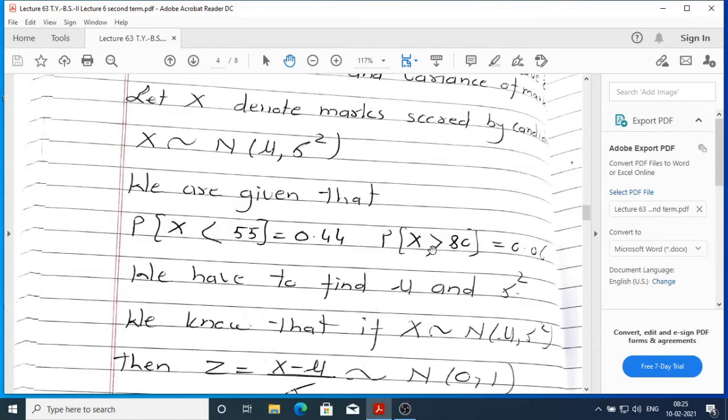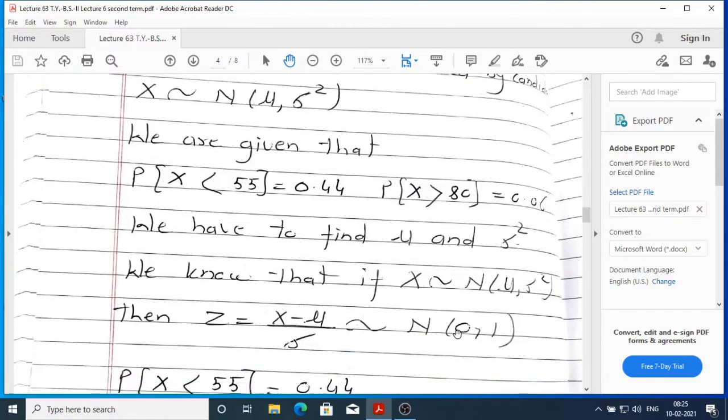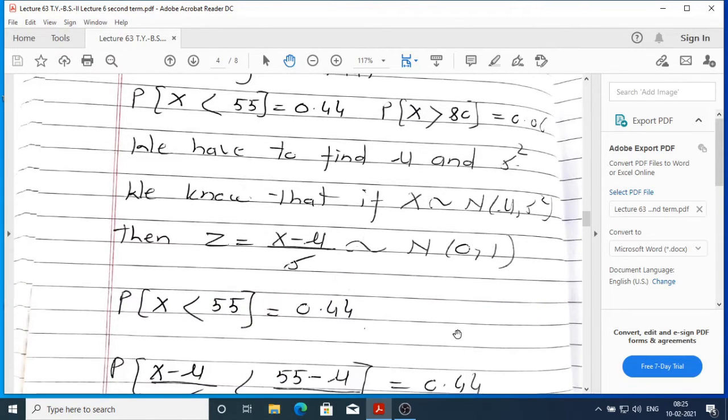So probability x greater than 80 is equal to 0.06. So these two probabilities are given and we have to find the two parameters mu and sigma square. Now we know that if x follows normal with mu sigma square, then z is equal to x minus mu upon sigma follows normal 0, 1.